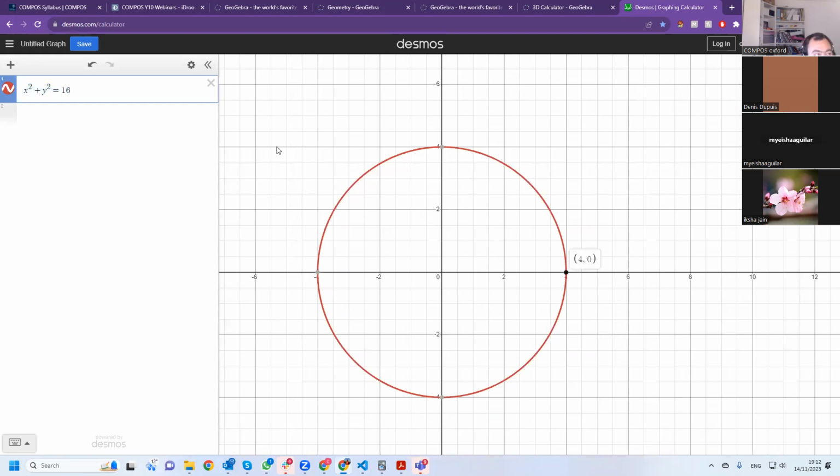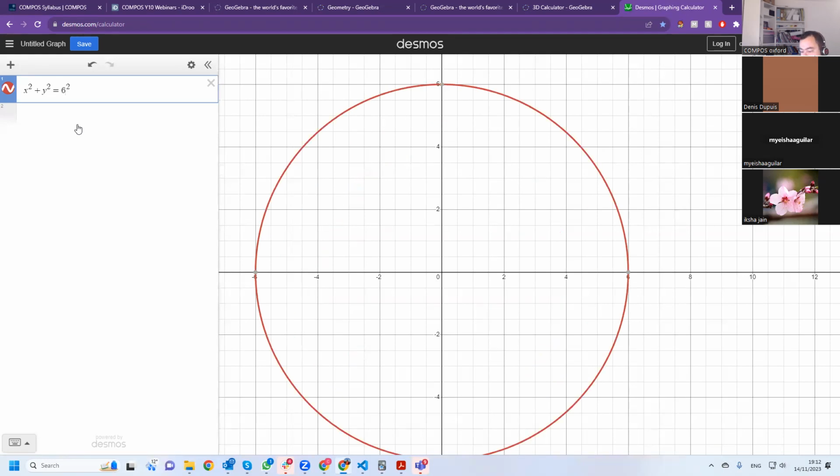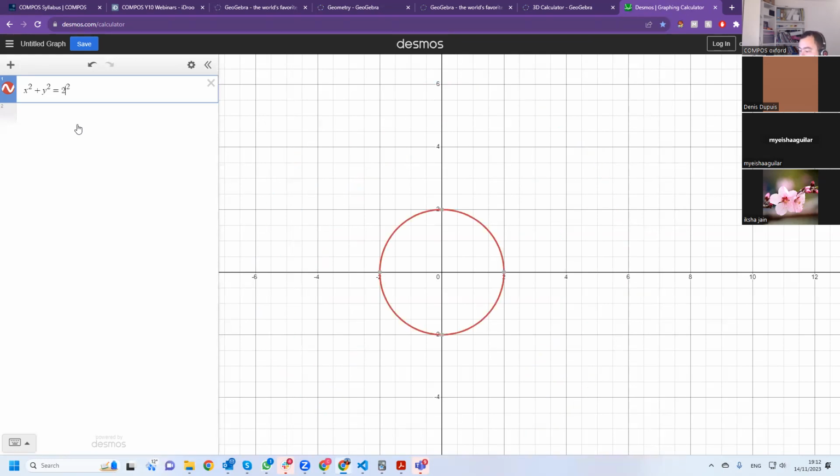You can write this as 4 squared. So x squared plus y squared equals r squared, where r is the radius. If you want radius 5, it's going to be like this. Radius 6, like this. Radius 2, like this. Radius 0, that's a single point.